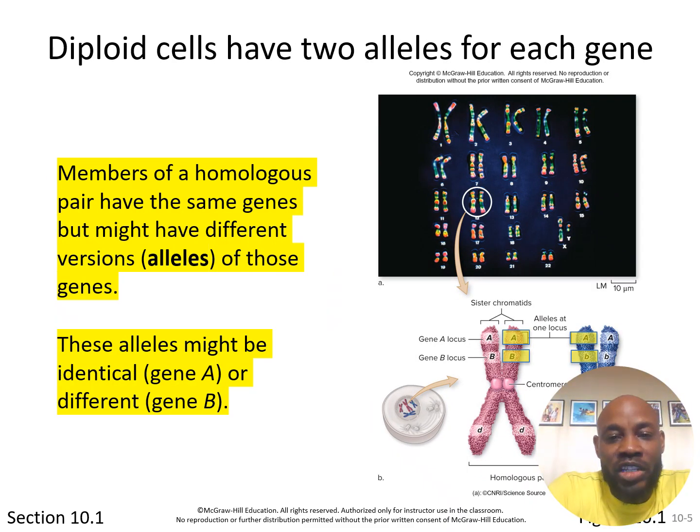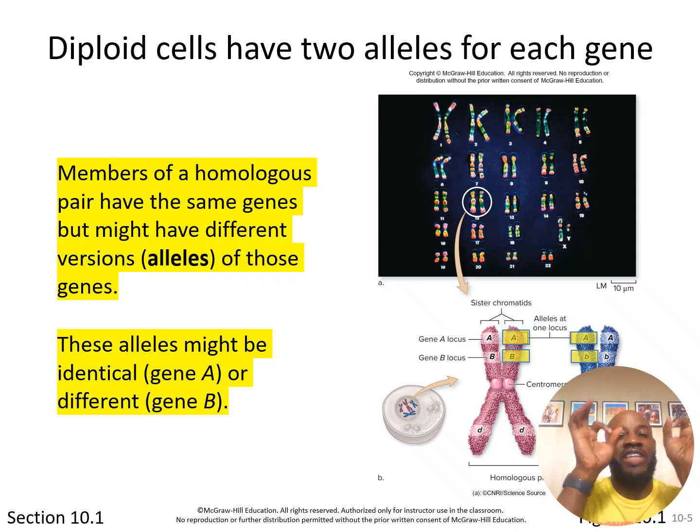Diploid cells have two alleles for each gene. Members of the homologous pair have the same genes, but may have different versions. For instance, you may have the gene for eye color, and one gene may express blue eye color, while the other may express, let's say, brown eye color.